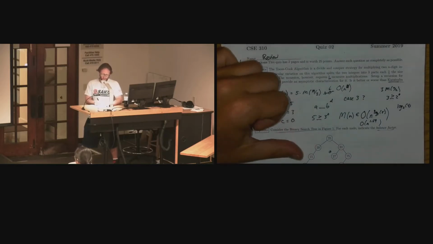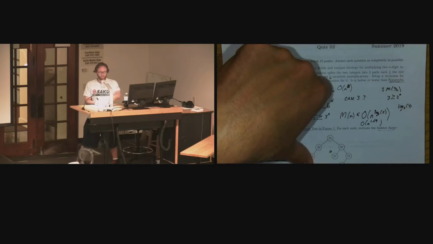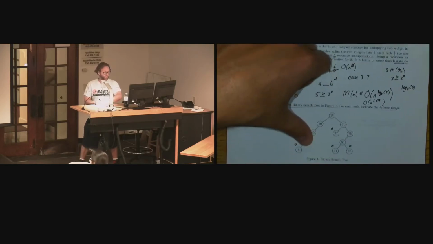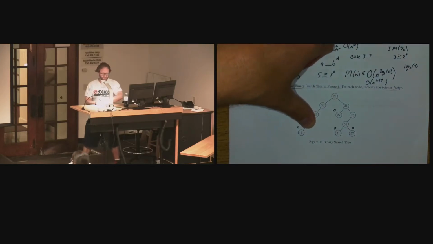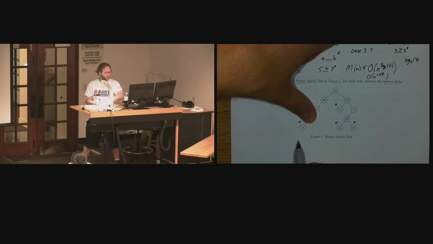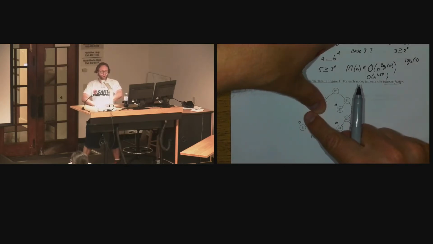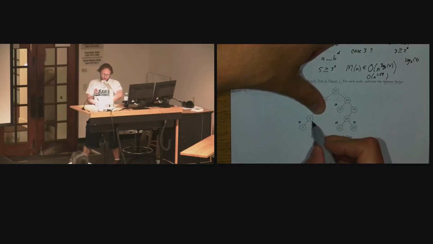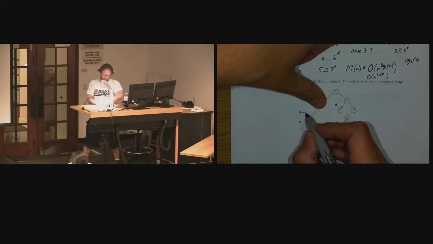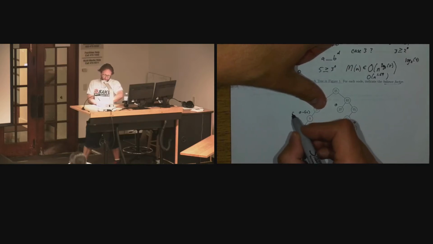What about 9? It's the height of the left subtree, height of... all right, the height of this one. The height of 9's left subtree, well, the left subtree is just a leaf, so its height is 0, minus the height of an empty subtree, which is 0 minus -1, so that's going to be 1.